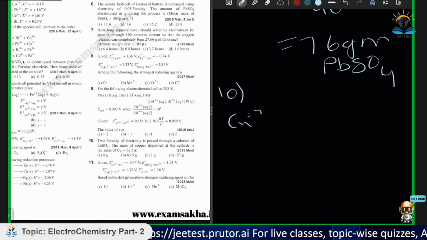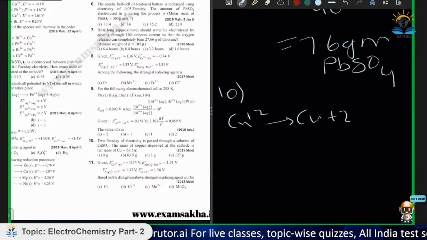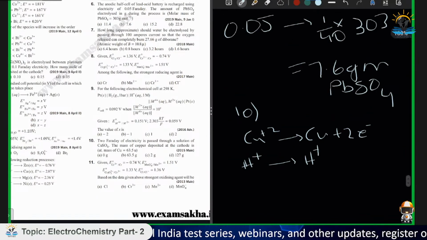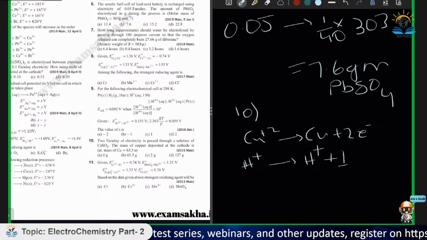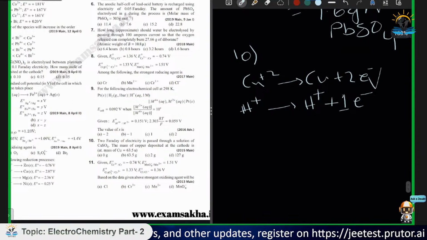Cu plus 2 plus 2 electrons gives Cu. Your SO4 minus 2 won't get ionized. Your anode reaction is the oxygen reaction. This reaction is happening.